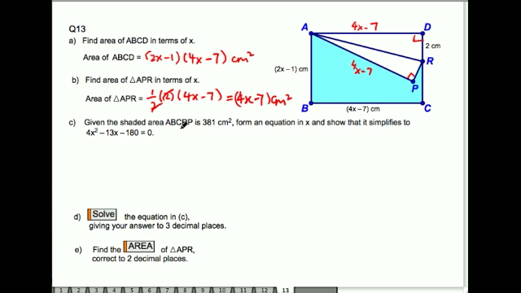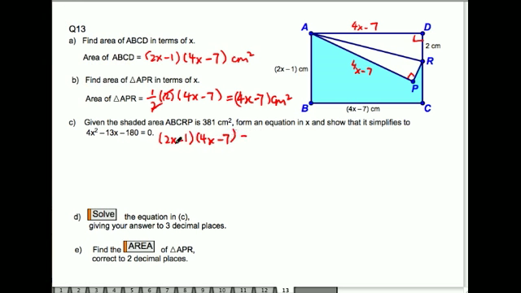We were told that the shaded area here is 381 cm squared. To get this area, it is just the whole rectangle minus the two triangles. The area of the rectangle is 2x minus 1 times 4x minus 7.